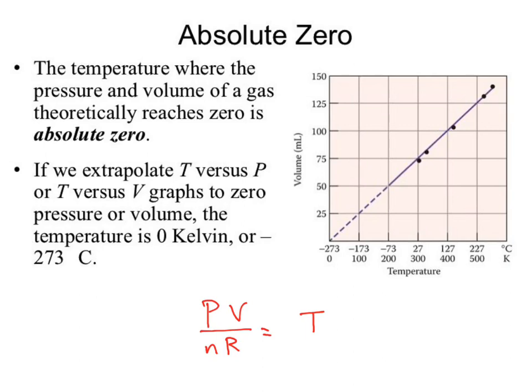Why not? Both degrees Celsius and Fahrenheit can achieve negative values. If I put a negative temperature in here, what does that mean has to happen over here? I would have to have a negative pressure, a negative volume, or negative moles.